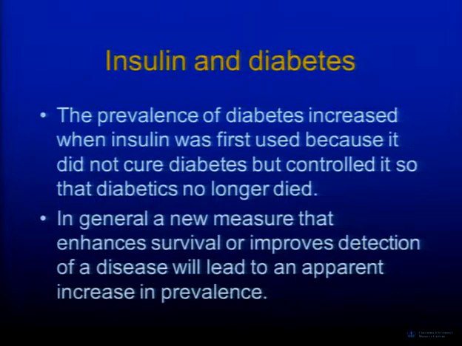And these are the kind of things you need to watch out for when you read the newspaper, because I think one of the examples was in the Women's Health Initiative, when the results came out about estrogen and potentially increasing the risk of cancer, a lot of women stopped using estrogen, and so the rates of breast cancer went down. And so people were trying to say, aha, it's because they went off of estrogen.